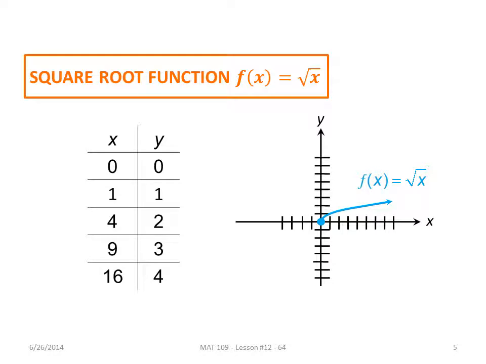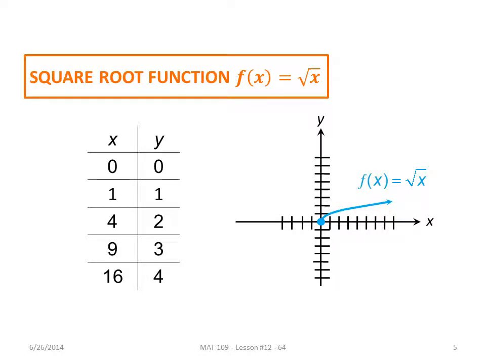The convention that we all work with in math is that anytime we take a square root, we're always going to get a positive number. Therefore, the function, which is the square root of x, we must always get a positive number here.